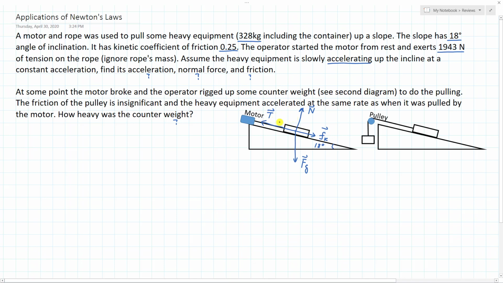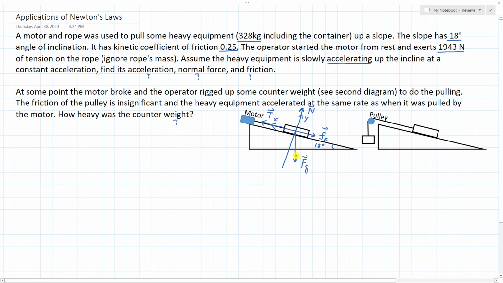I will just put an x-axis here, and I'll put a y-axis. I don't really have that much space above, so I'll put the y-axis here. So y is away from the inclined plane, x is along the inclined plane toward the accelerating direction. So I'll also extend the y downward. Okay, this is better.